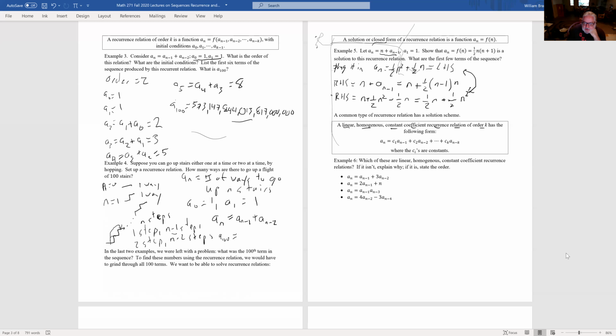So which one of these are of this type? So this is degree 2, or order 2. I've got a_n equals this term plus 3 times that term, so I'm allowed to multiply by a constant. That's okay. Second one is not.